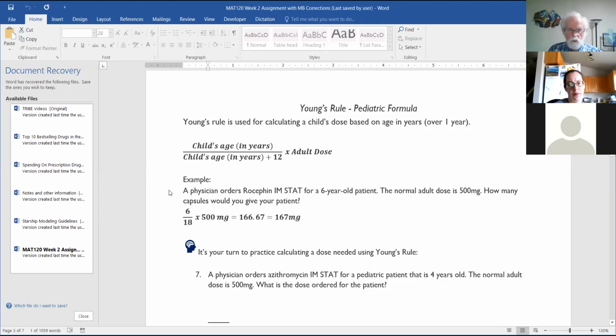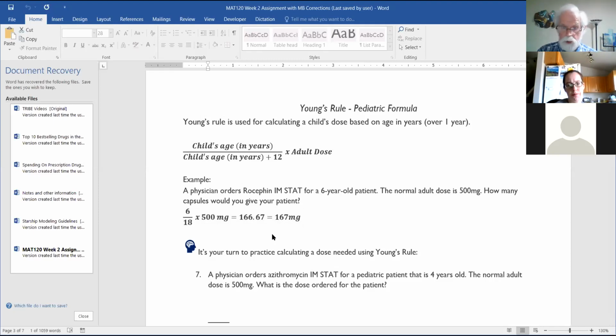So we're going back to our same 6-year-old patient that was 50 pounds in the previous problem we looked at. And so we have the age in years, which is 6, and then 18 is 6 plus 12. So we have 6 over 18 times 500, and we calculate the same exact dose. So these things are close enough to each other that they generally work.